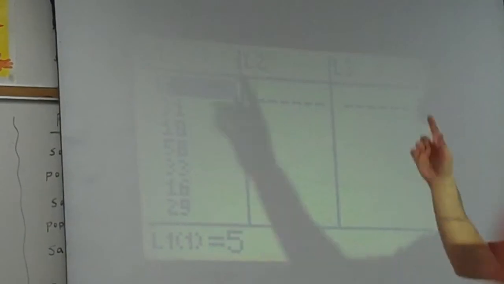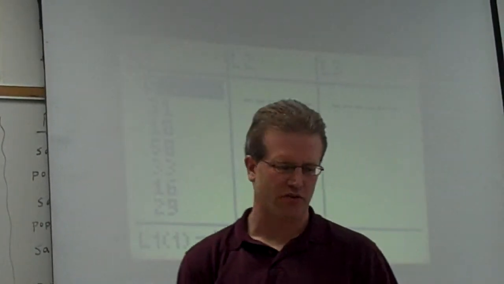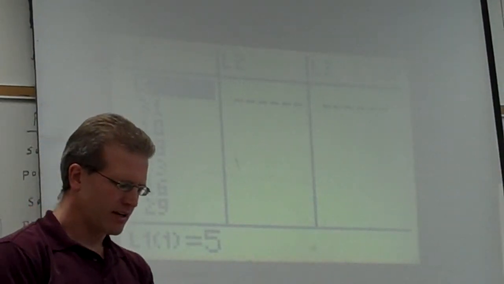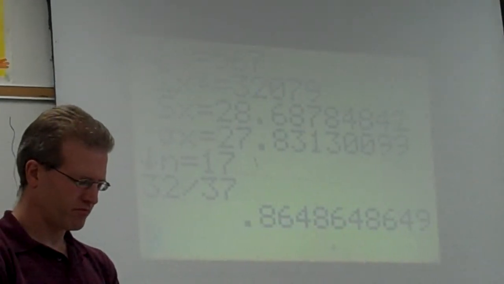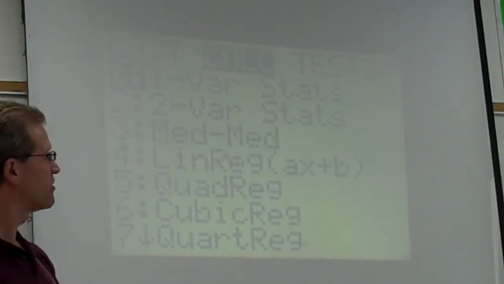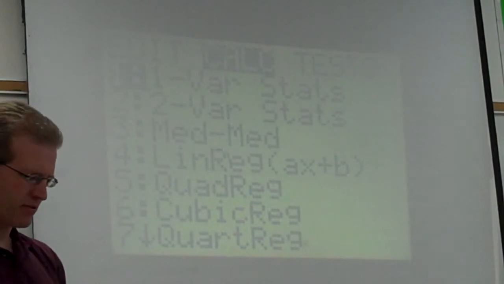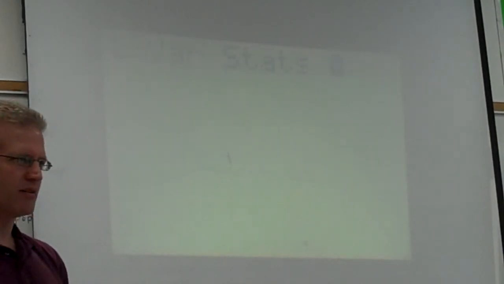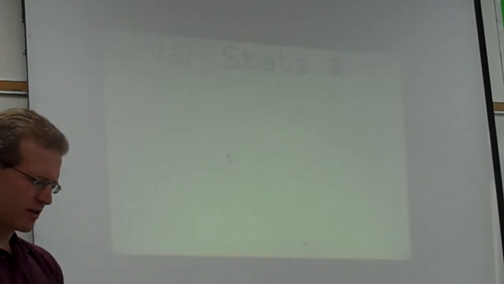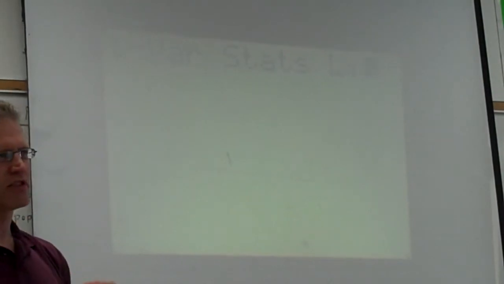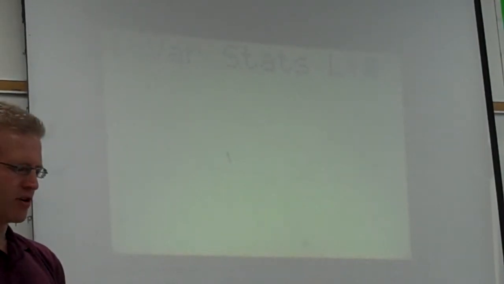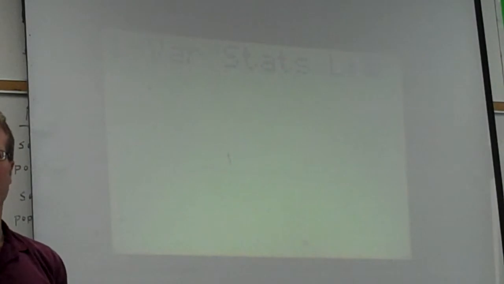You enter all your numbers into your list. Then I hit second quit. Then to get my statistics on that list, I push stat, right arrow, and I'm going to do one variable statistics. Push enter, and then if it's in list 1, I could hit second 1. If it's in list 2, second 2, list 3, second 3. If you don't put the L1 there, it'll assume it's in list 1 and pull the data out of list 1.